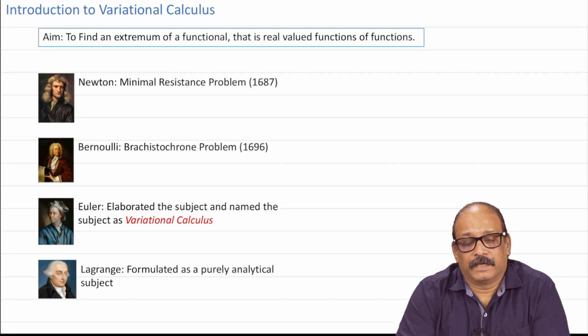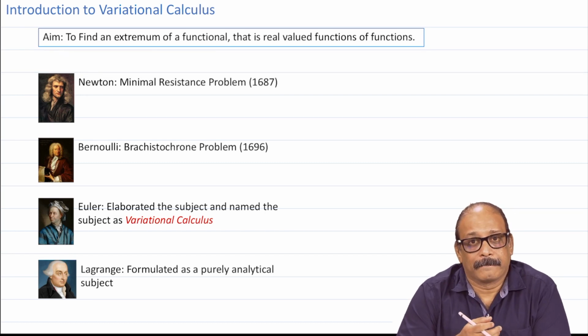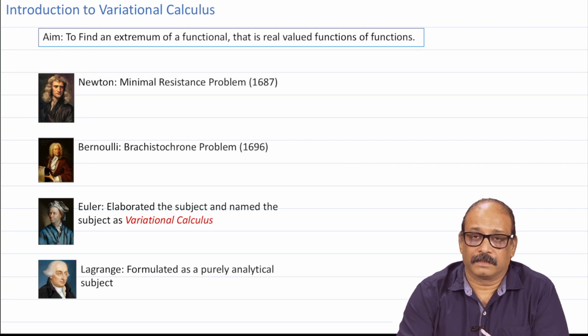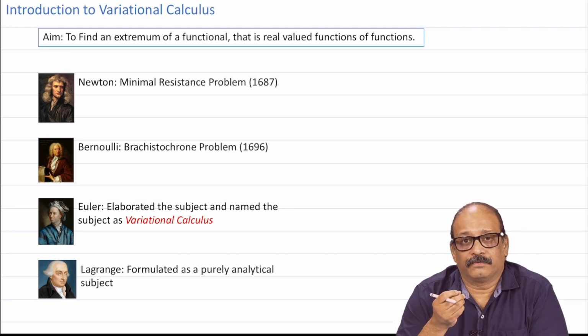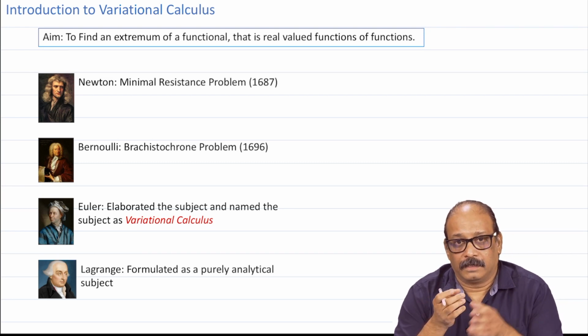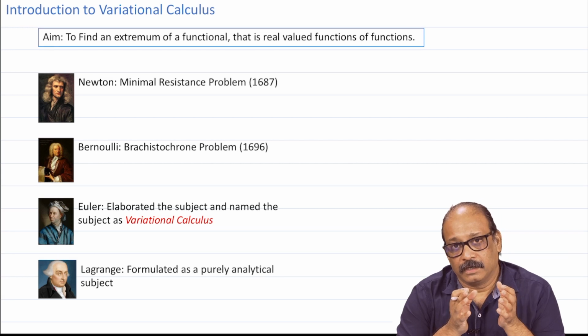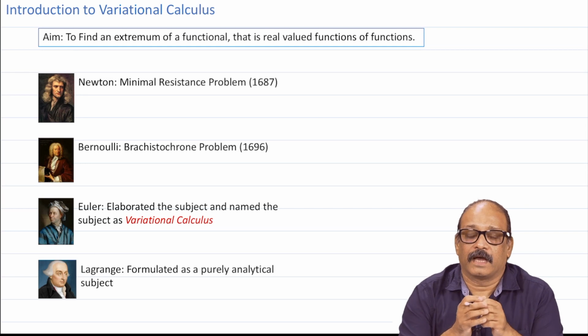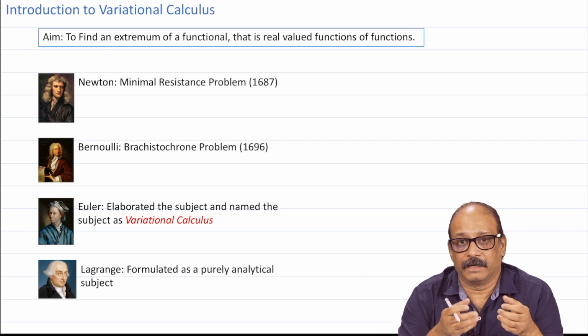And the history of the variational calculus is also fascinating. You should definitely try and read the way it was developed. It begins with Newton, and he was trying to work on a problem where you have a solid surface of revolution moving through a viscous fluid, and what kind of surface would give you minimal resistance?